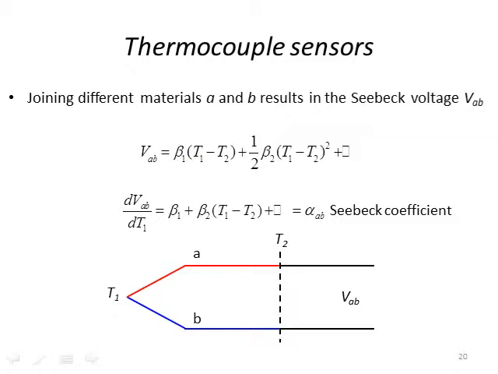The voltage VAB is then equal to beta 1 times (T1 minus T2). We remember that we're typically using just the first term of the Taylor series, which has this constant depending on the two materials and the temperature difference. And the Seebeck coefficient, if you go to a data sheet for particular types of materials, you'll see the Seebeck coefficient, so you can plug these in directly.